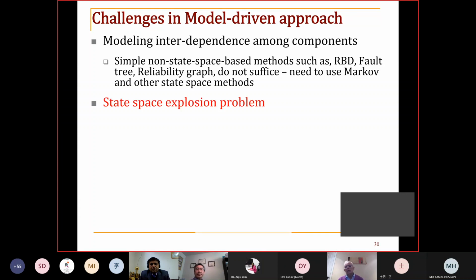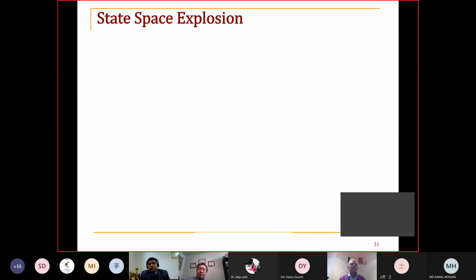But the number of states of the Markov chain for any reasonable size problem would be so large as to preclude not just solving, but even generating the state space and storing the state space. In fact, the largest bottleneck seems to be generation of the state space. The next bottleneck is storage of the state space. And the solution of the large state space is a relatively trivial problem among these three.